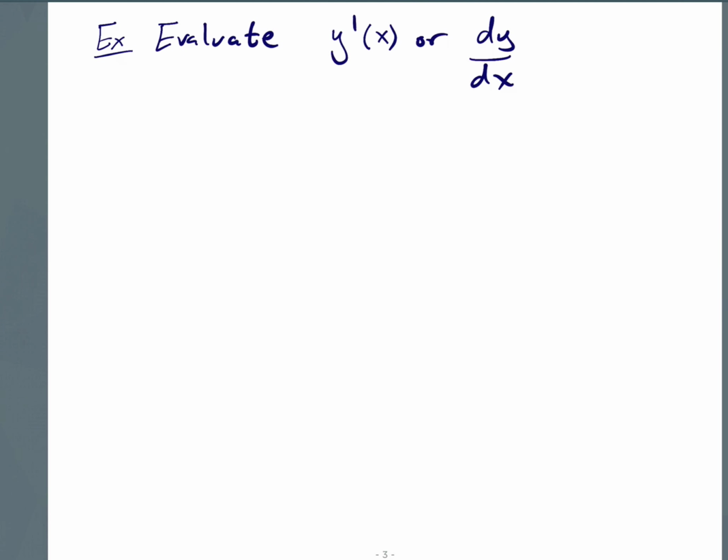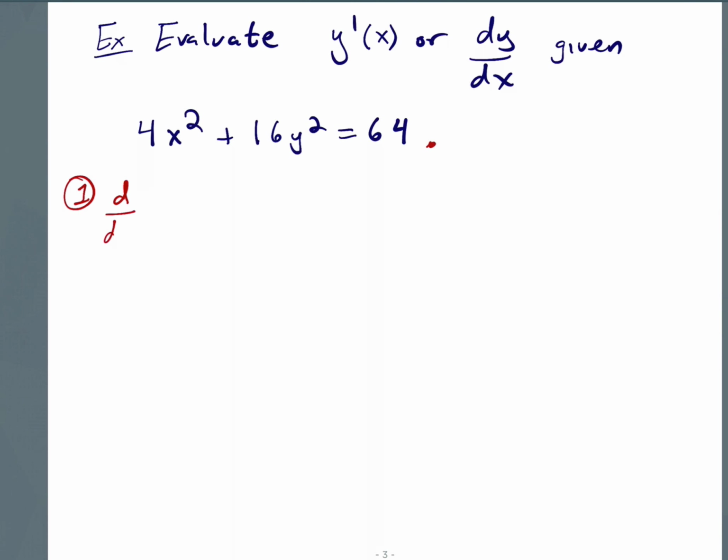I want to find the derivative of y with respect to x given 4x squared plus 16y squared equals 64. The first thing you do is find the derivative with respect to x of both sides.